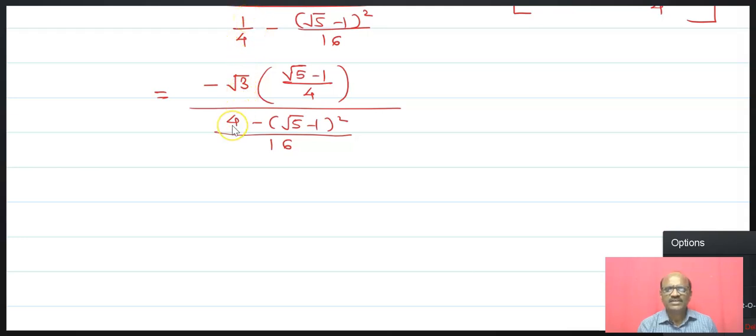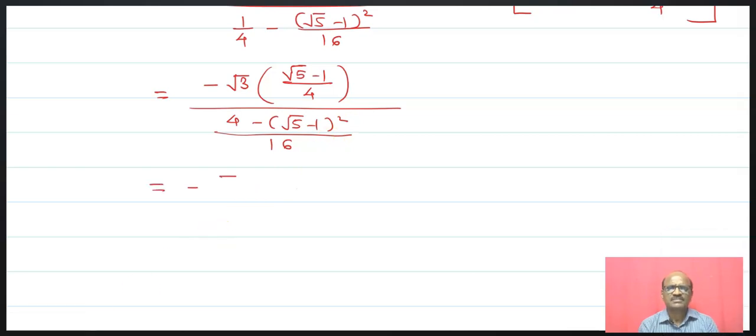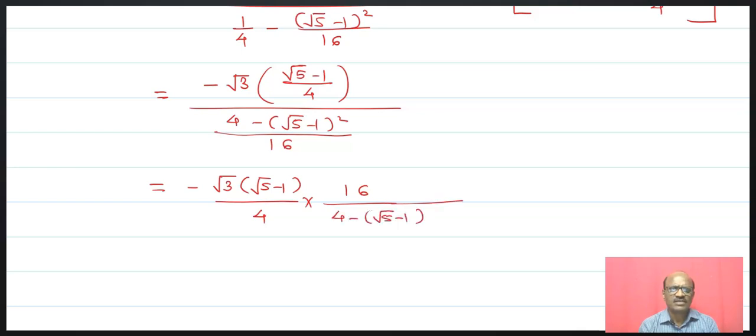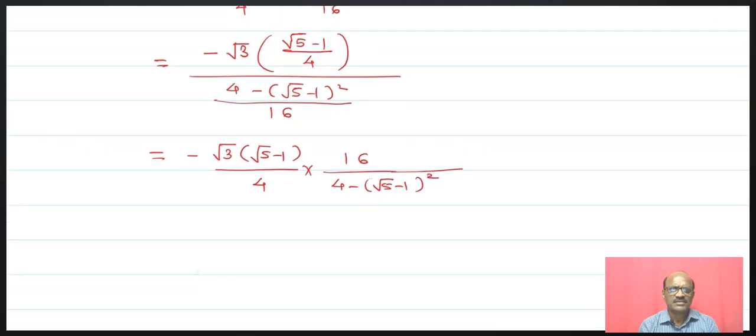And that's why you will get 4 minus (root 5 minus 1) bracket square. Now see this simplification. Root 3, root of 5 minus 1 upon 4 into 16 upon 4 minus root 5 minus 1 bracket square.